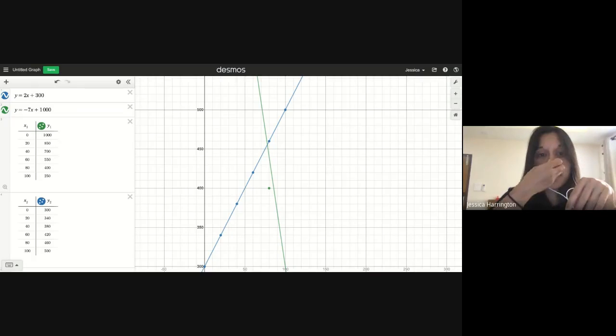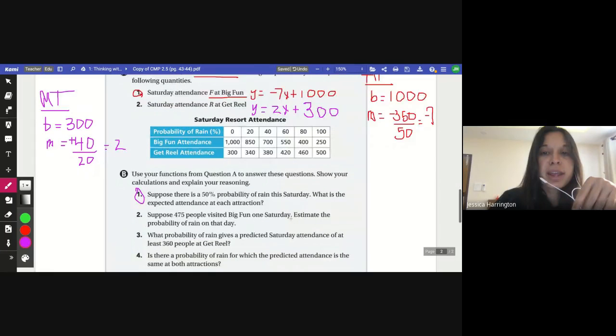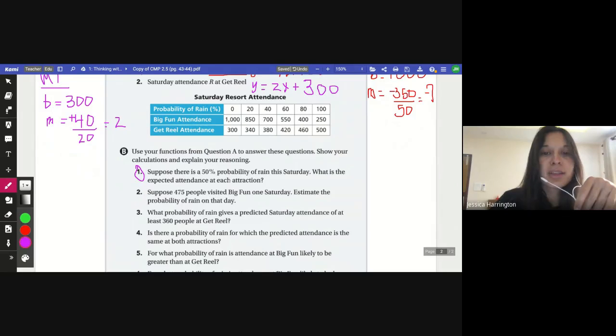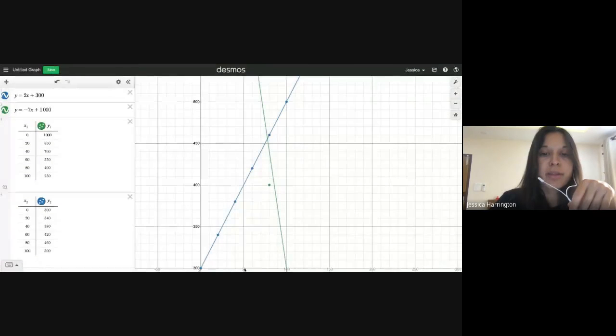So let's just do a couple really quickly. We're going to work on number 1. Suppose there is a 50% probability of rain this Saturday. What is the expected attendance at each attraction? So 50% chance of rain. Okay, come back to my graph. That would be right here when x is 50.